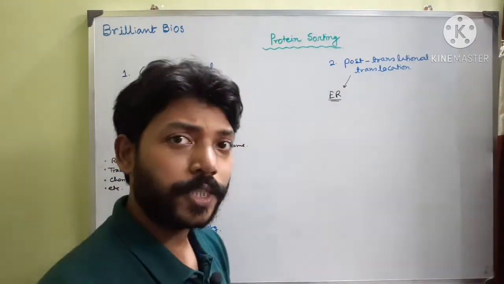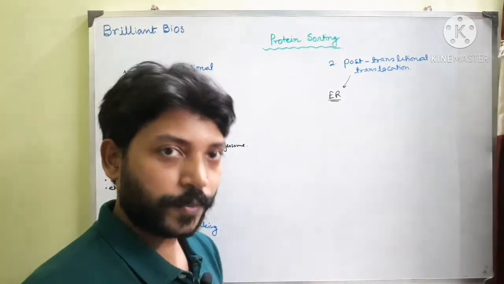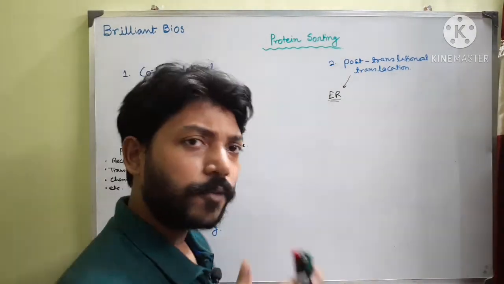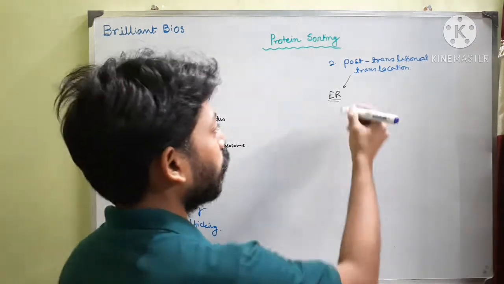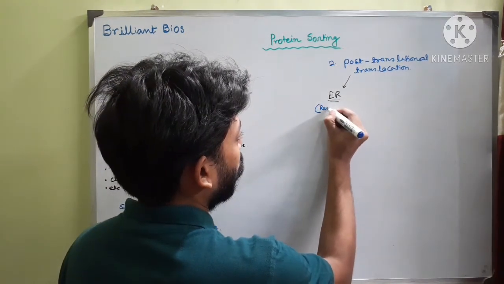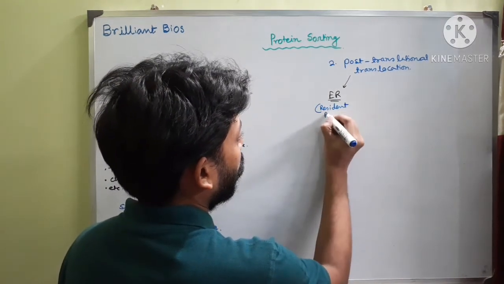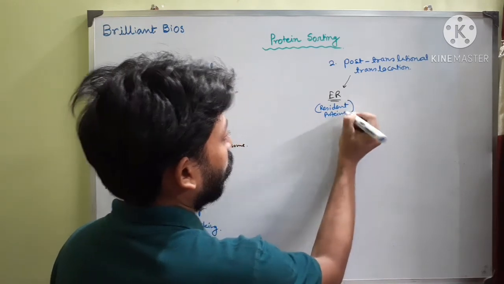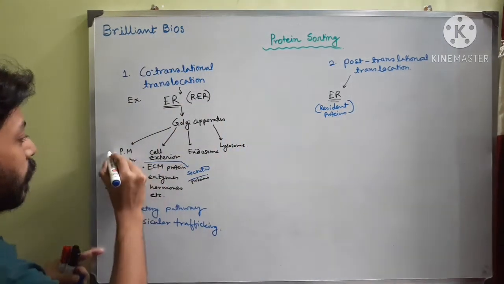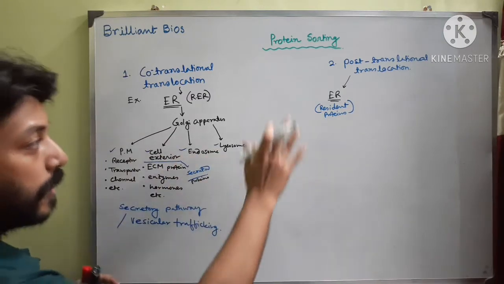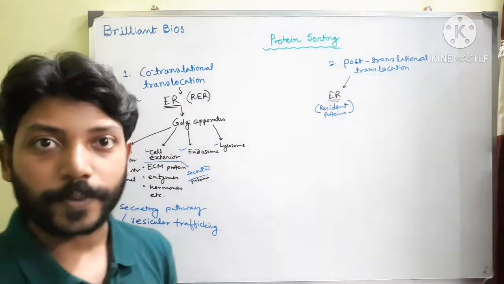That means they are always present in the endoplasmic reticulum and perform their function there. So they are called resident proteins. The others are secreted out to these four compartments, but these proteins remain in the endoplasmic reticulum.